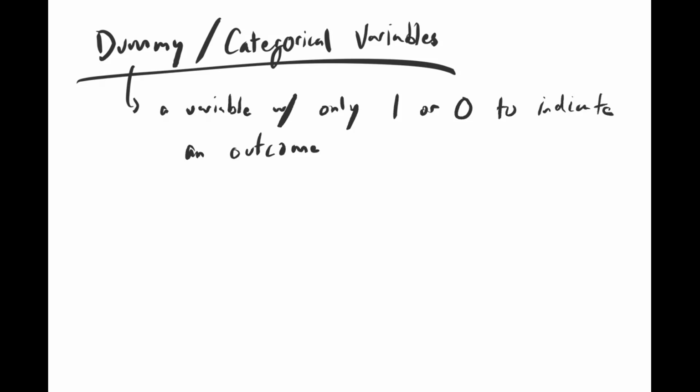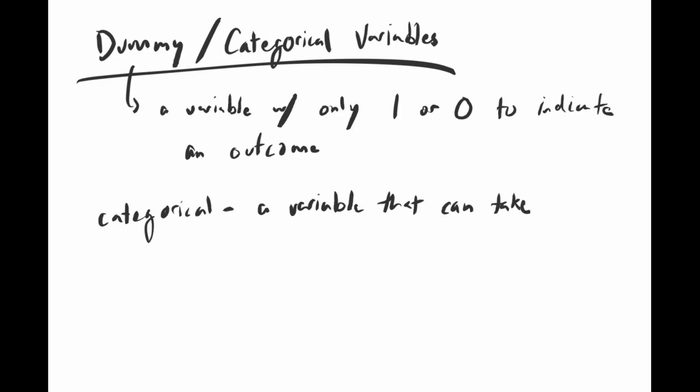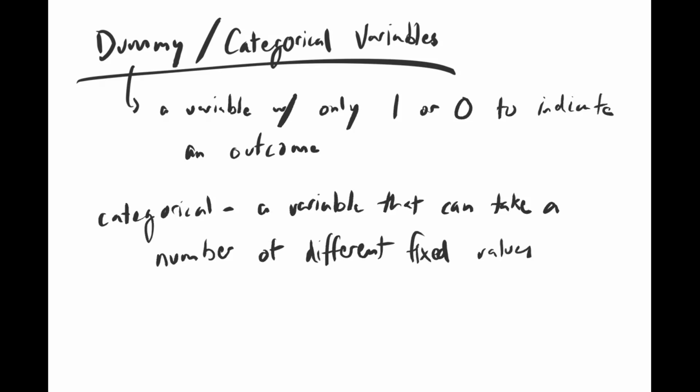And then you also have categorical. This is a variable that can take a number of different fixed values. In the same vein, actually, let me just write this down.